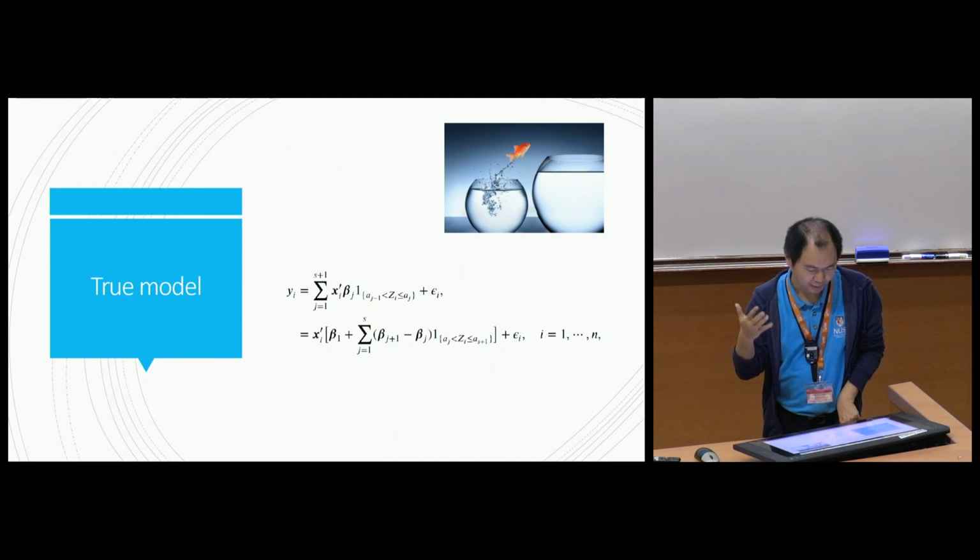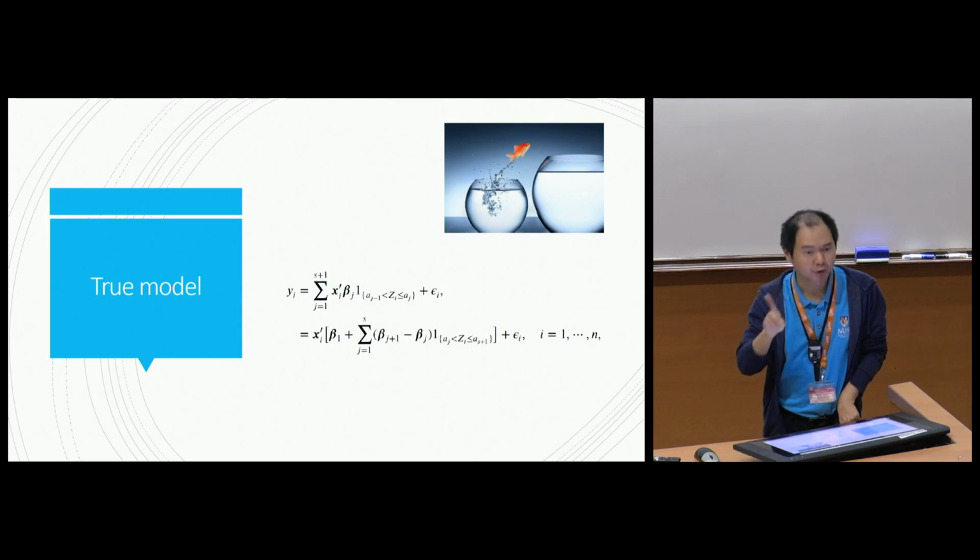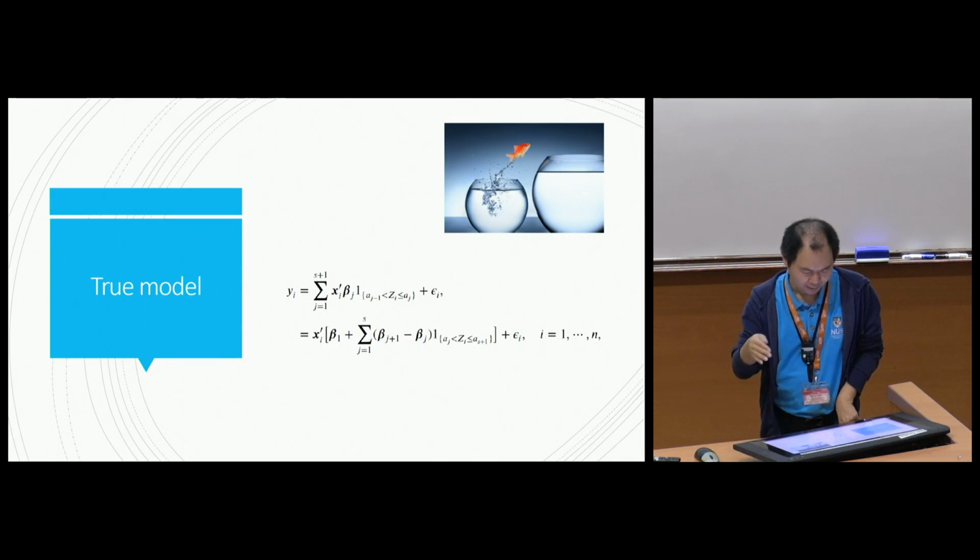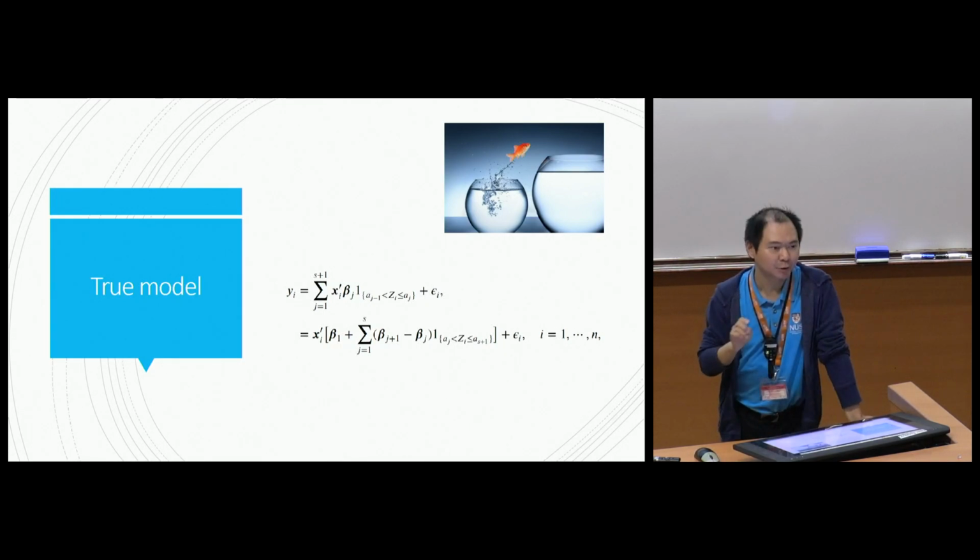So this beta is not a constant for all the groups. So beta has a subscript j here. This j depends on the change point. Depending on which change point you are talking about, this beta j will be different. So A1, A2 up to A_{S+1}, those are the change points for Z.